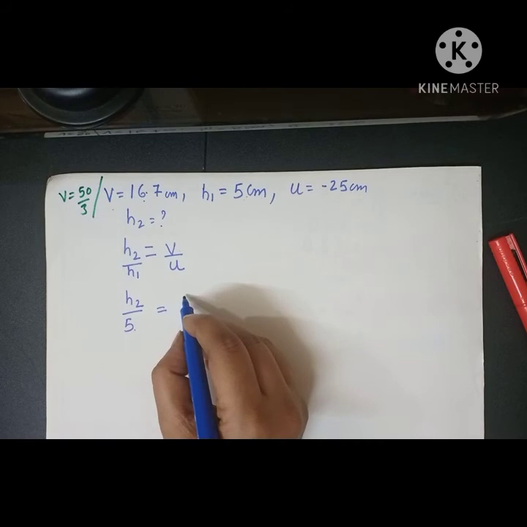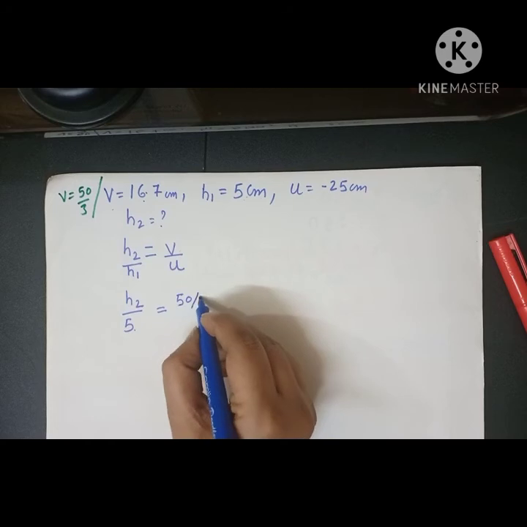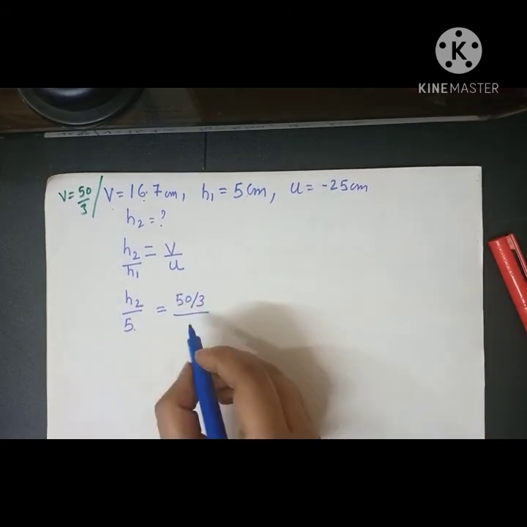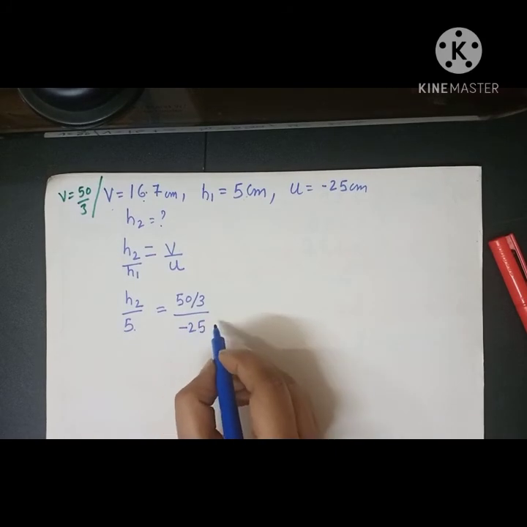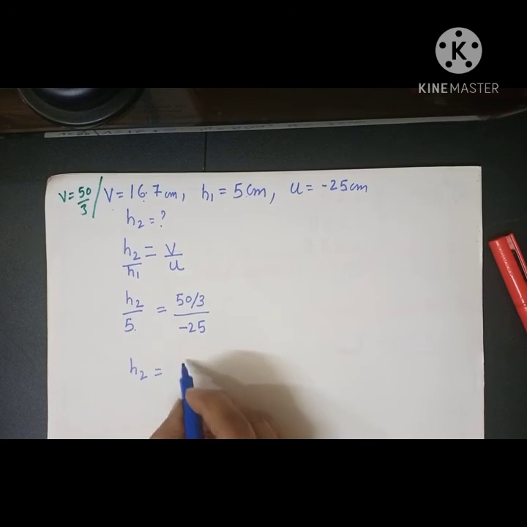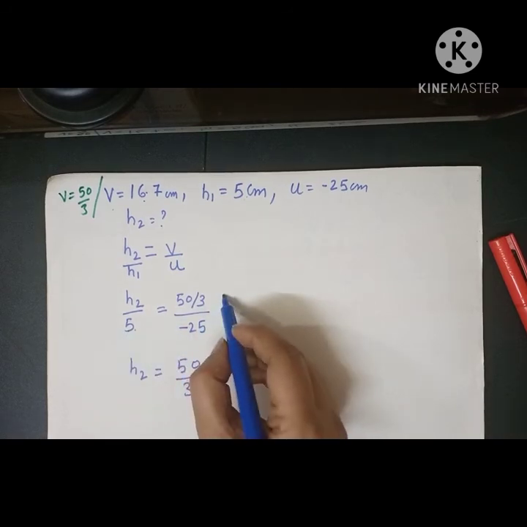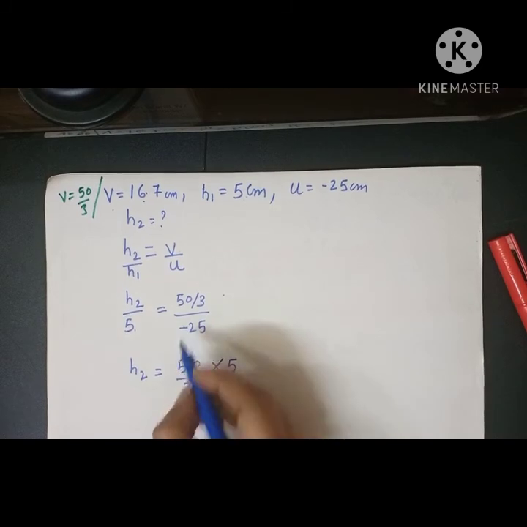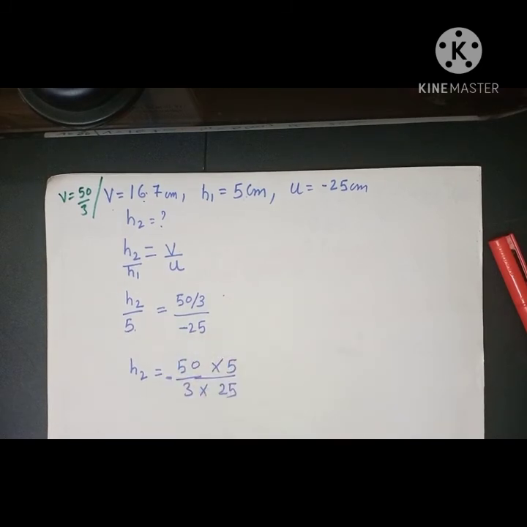We will take, for easy cancellation, 50 upon 3 as v, and we will write u is equal to minus 25 centimeter. Rearrange it. h2 is equal to 50 upon 3. 5 is dividing here, it will come here and multiply, and 25 is in denominator. This minus 25 will write minus over here.